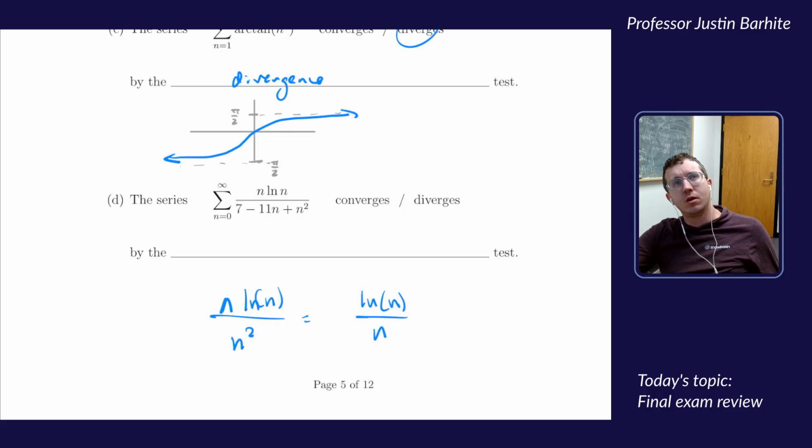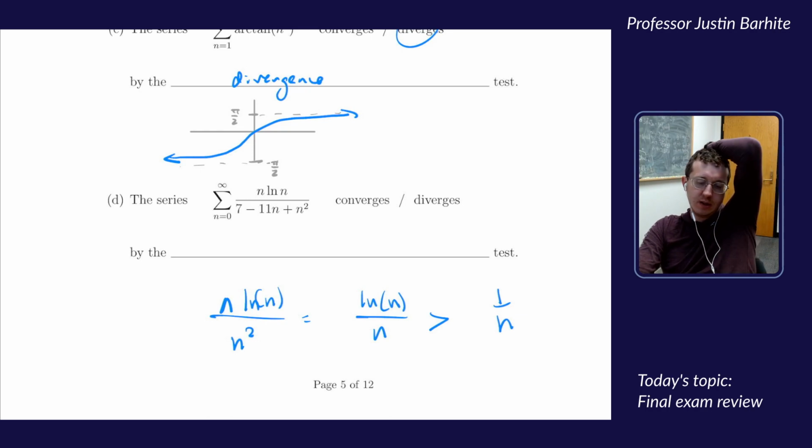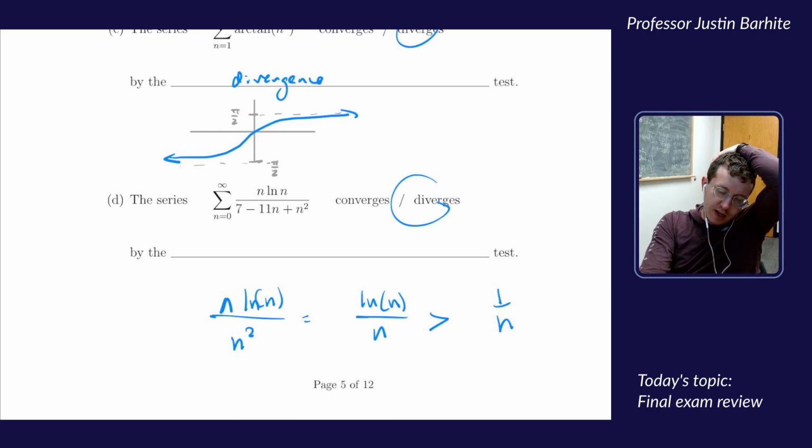Oh, yeah, log n over n. That one definitely diverges. For one, because it's bigger than 1 over n, which diverges. So this one diverges, and the limit comparison test will tell us that.